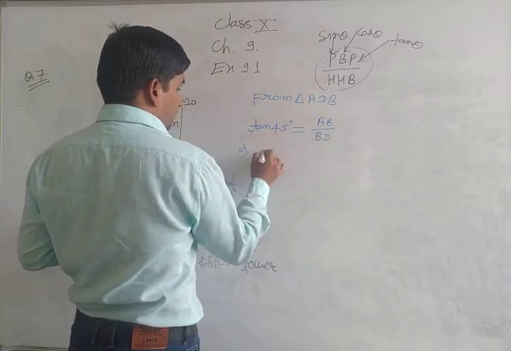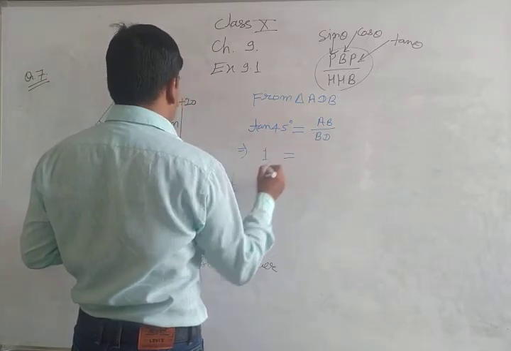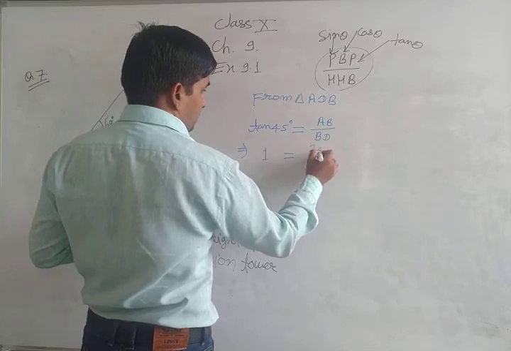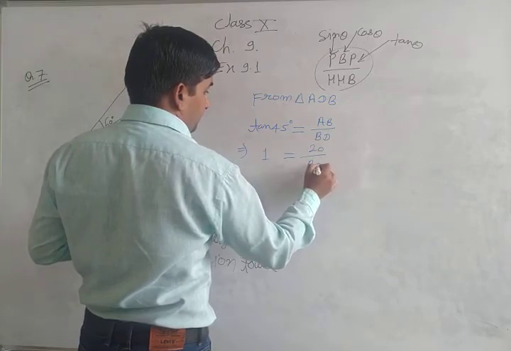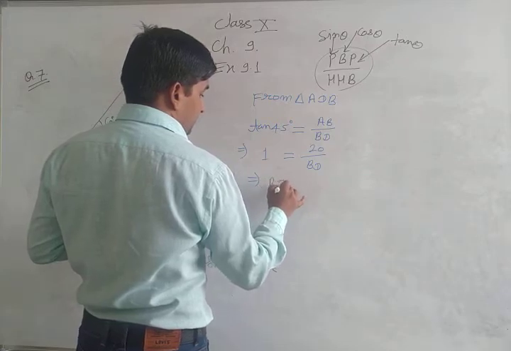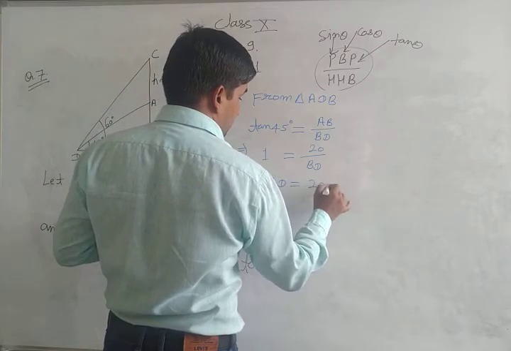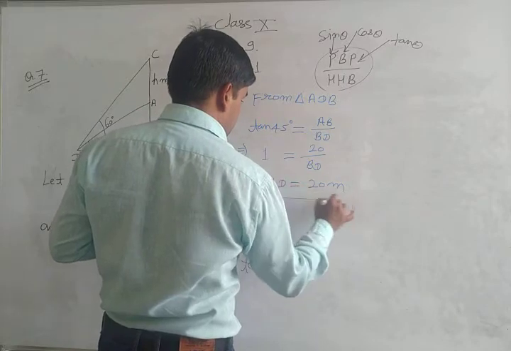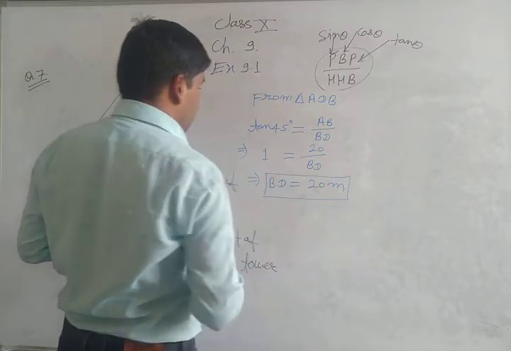Clear? Value of tan 45 degree is 1, AB is 20 upon BD. Implies that BD equals 20 meter. This is the value of BD.